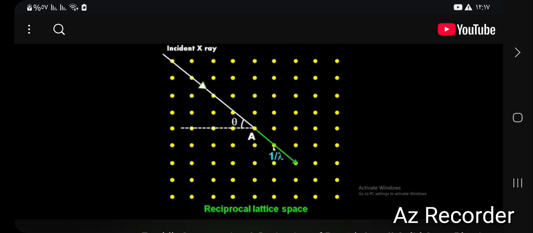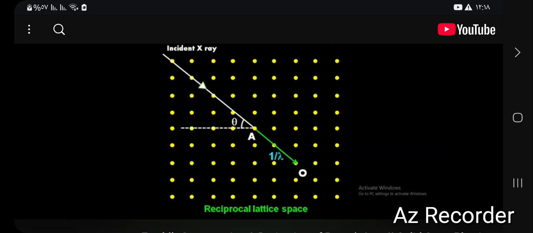Suppose it has length 1 by lambda, because we know that the wave vector k is inversely proportional to the wavelength. So we are supposing that if this point O is a reference origin, the length of this vector AO, that is the wave vector, is nothing but 1 by lambda.